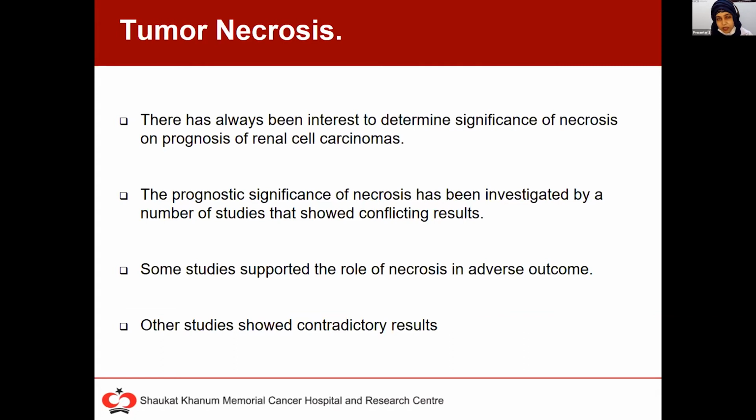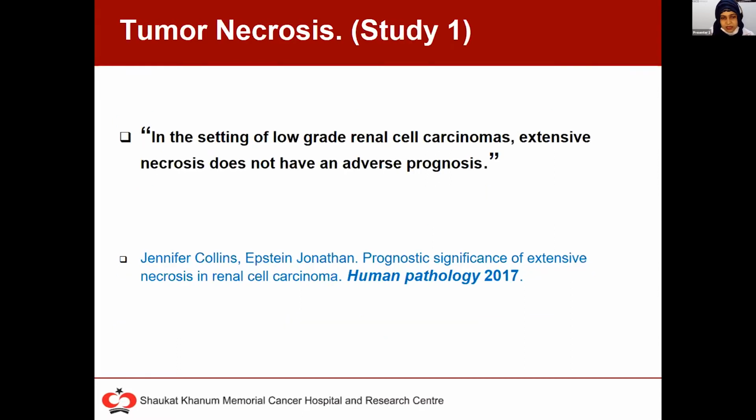Some studies support the role of necrosis in adverse tumor prognosis, and other studies show contradictory results. A study performed by Jennifer and Epstein, published in Human Pathology Journal in the year 2017, states that in the setting of low-grade renal cell carcinomas, extensive necrosis does not have an adverse prognosis.